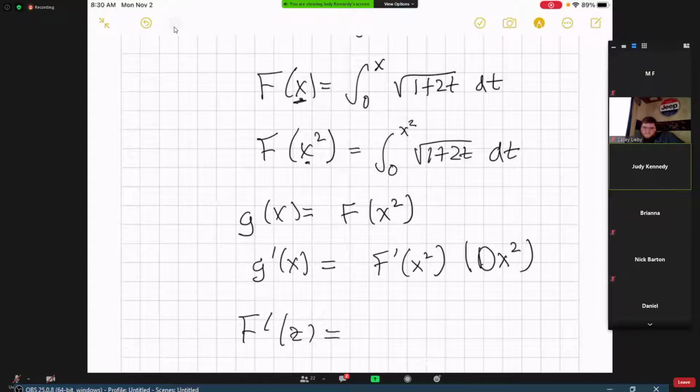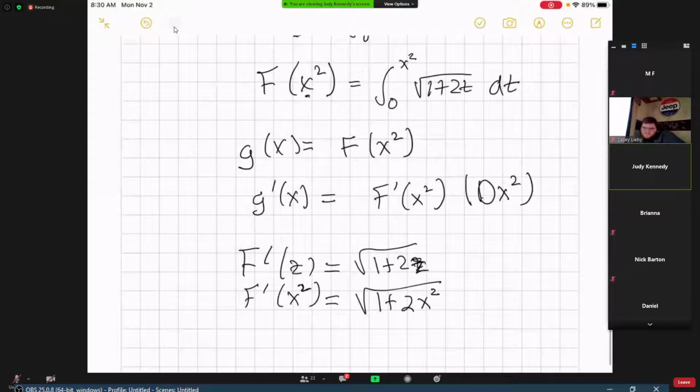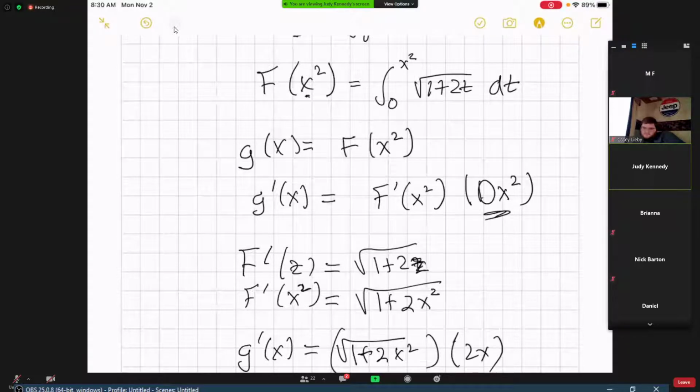F prime of z is the square root of 1 plus 2z. So f prime of x squared is the square root of 1 plus 2 times x squared, replacing z by x squared. And that means that g prime of x is the square root of 1 plus 2x squared times 2x.